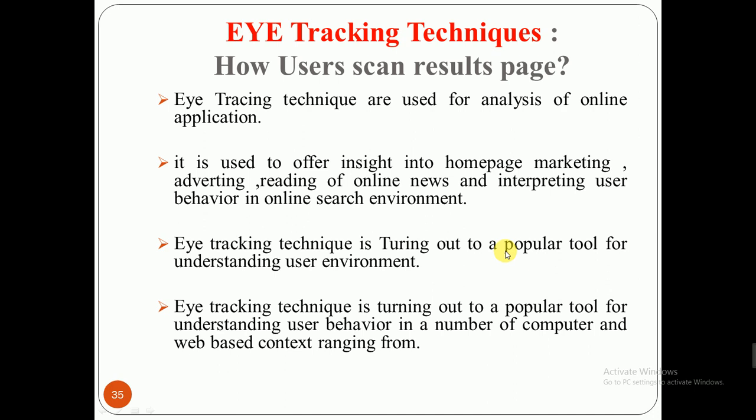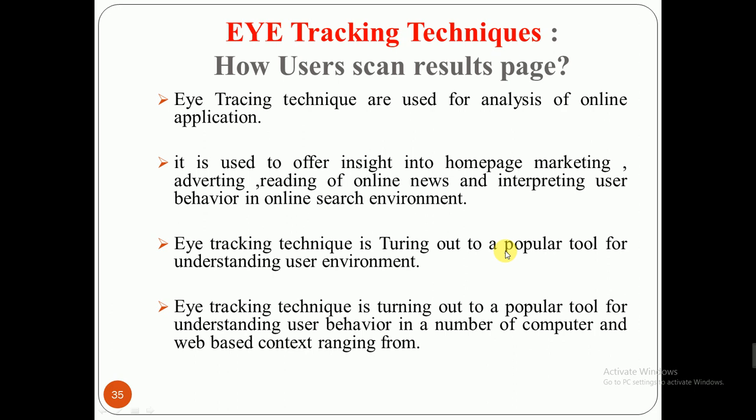Eye tracking technique is turning out to be a popular tool for understanding the user environment. So this is the technique which can be used for a user environment: how the user will search, what the user's requirements are, and it's a popular technique for users who are searching.